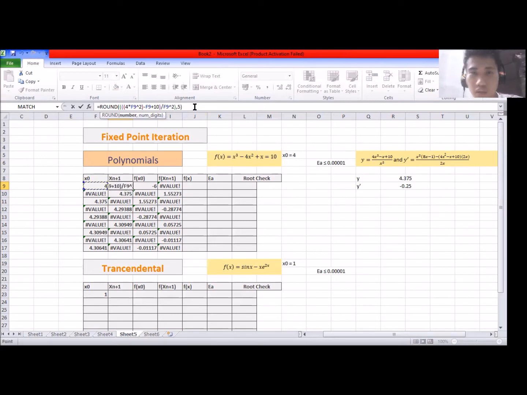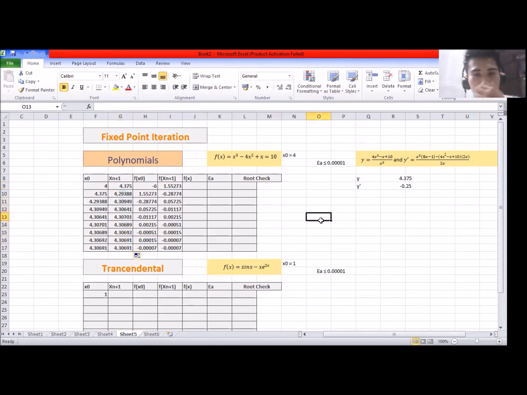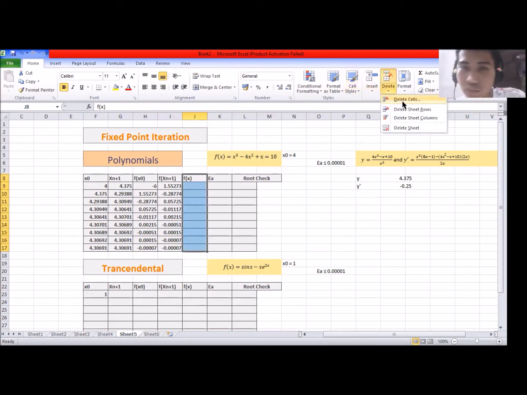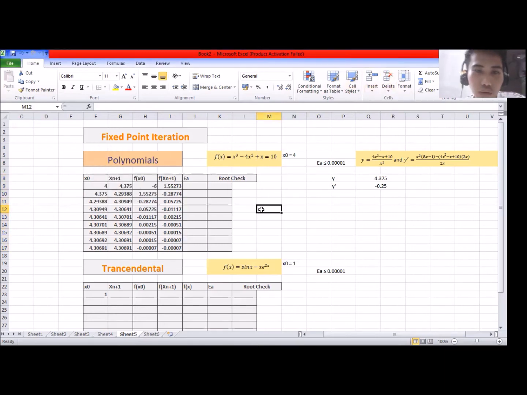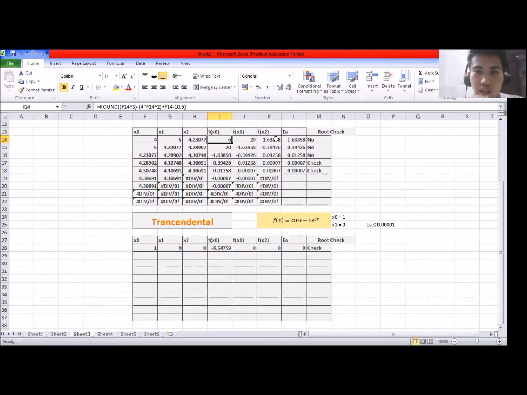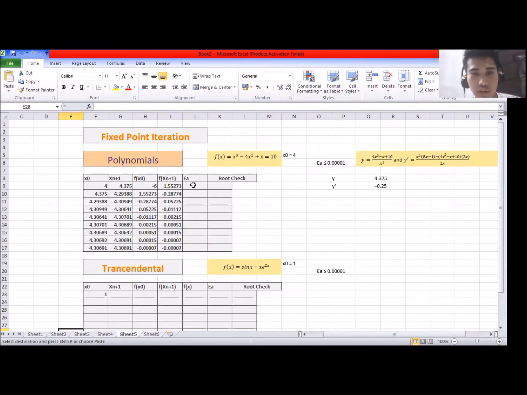That's how you get the function itself. Let's move on here. Then now we get the functions, so like that, just copy the formula. You get the transcendental function.